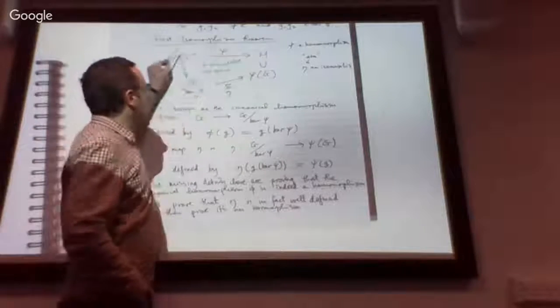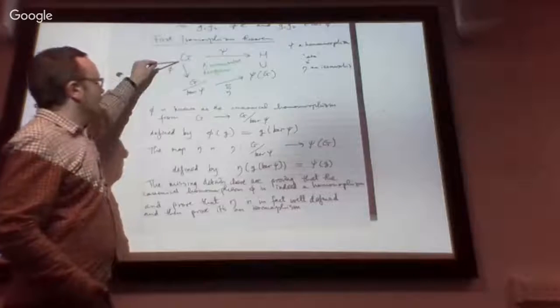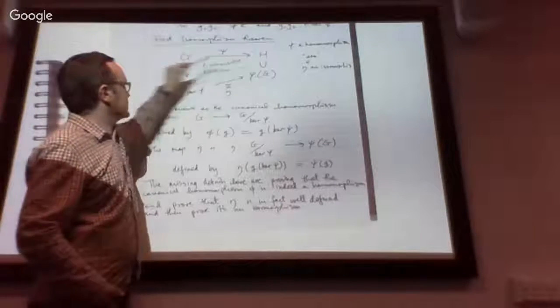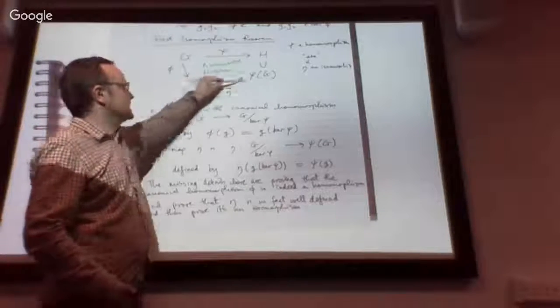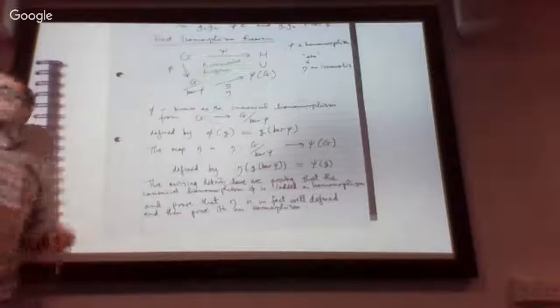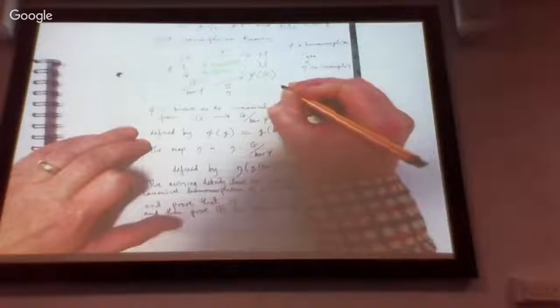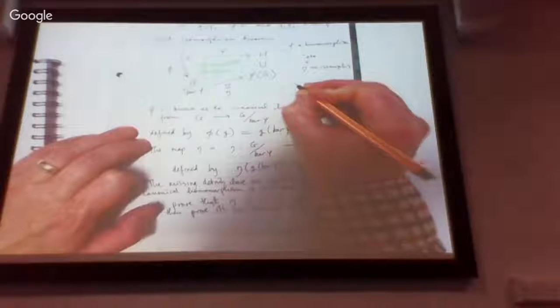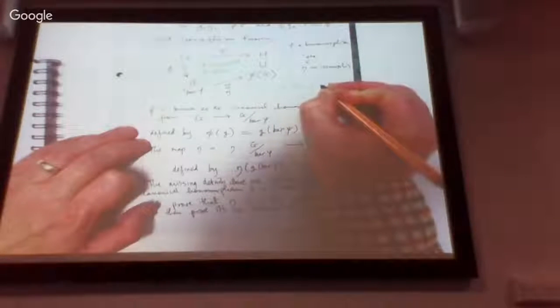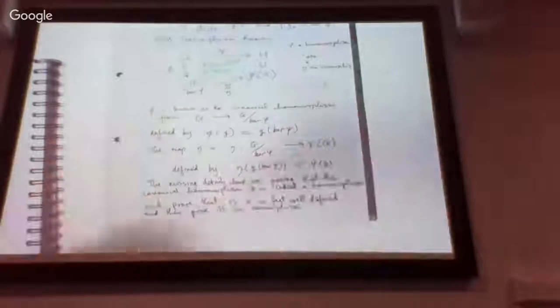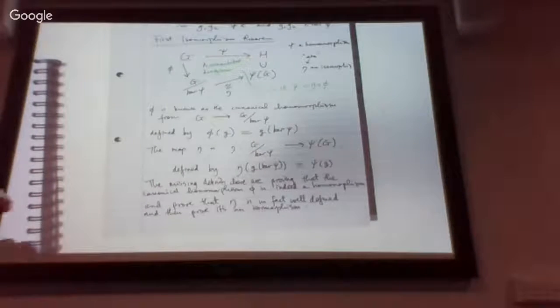These two different routes, along psi, or along phi first and then eta, are the same function. I.e. the function psi is the same as the function eta after phi. And that's what we like our diagrams to be in algebra.